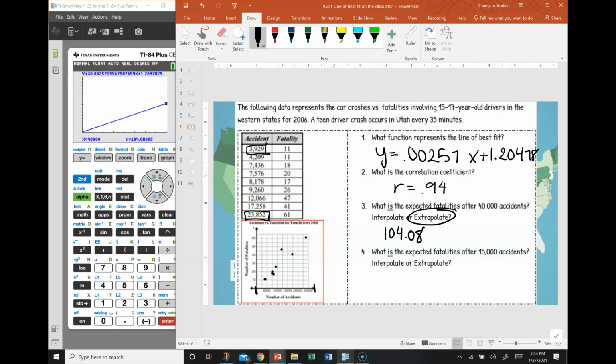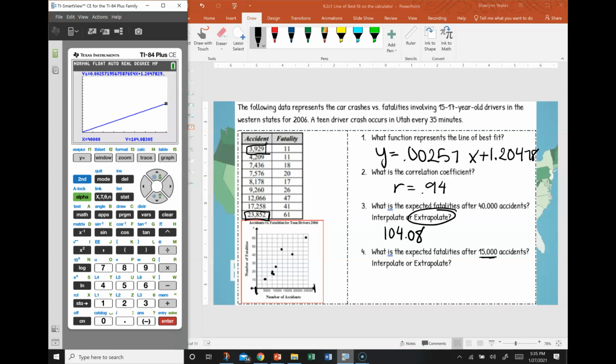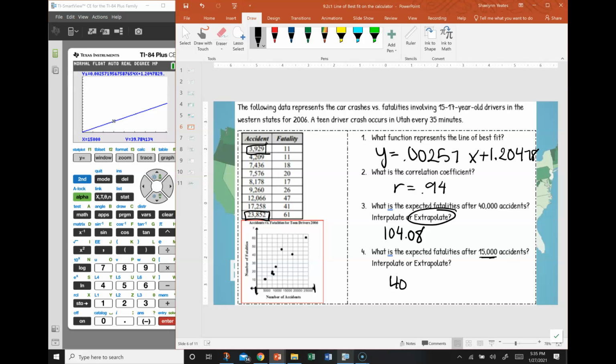All right, the other one I want to check is 15,000 accidents. So I'm going to go back to my graph. I'm going to hit trace again. I'm going to do 15,000. And that one tells me it'd be 39.78. So it'd be about 40 fatalities. I should round to the nearest person. So 104 fatalities.